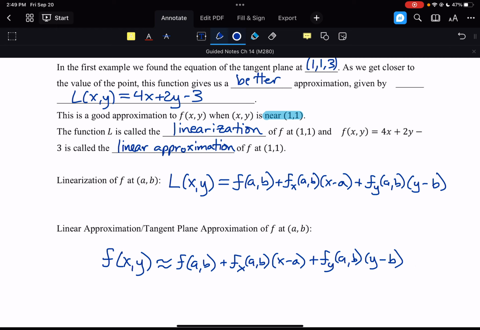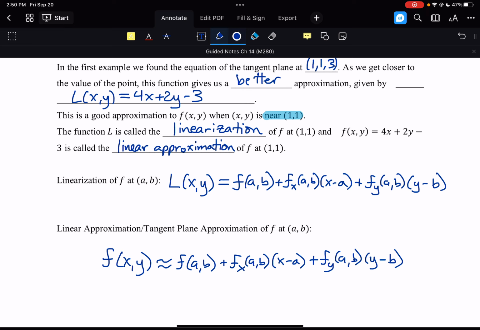Well, basically, the linearization, this is the value on the tangent plane that we are getting. F of x, y, this is the value on the surface that is being approximated using the tangent plane equation. So they do give the same thing.